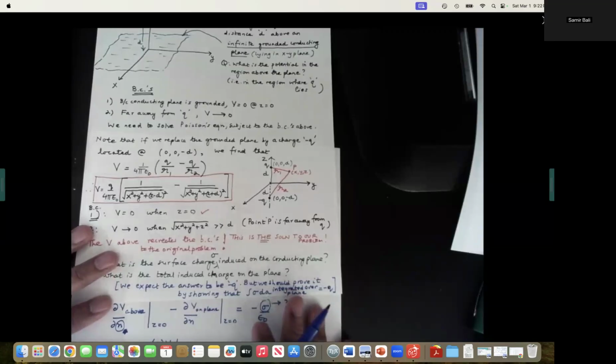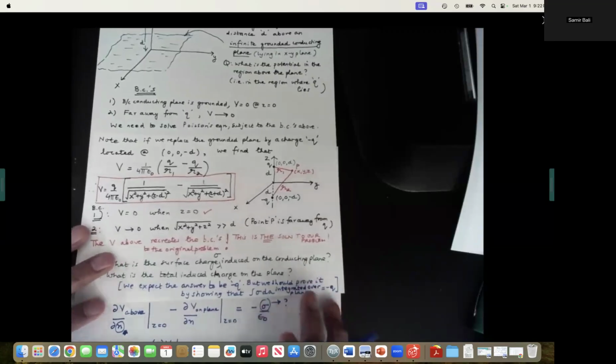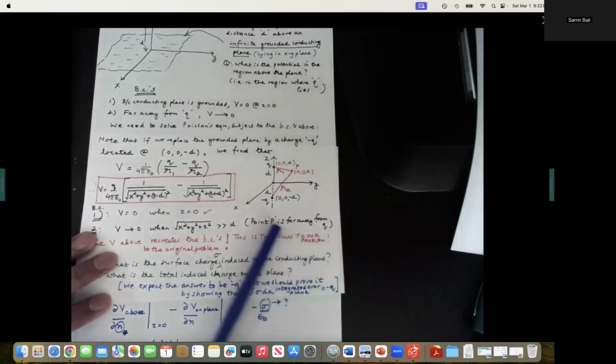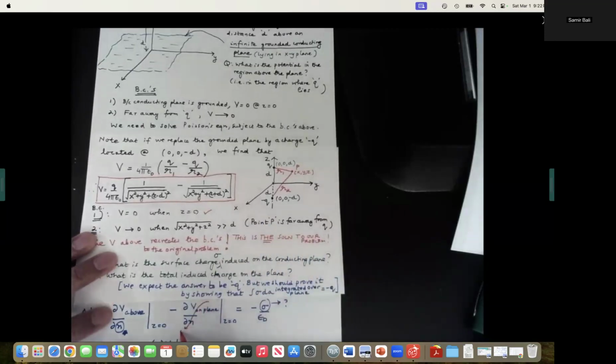And the potential on the plane itself, it's a conducting plane and it's grounded, right? So this is just V equals 0 on the conducting plane everywhere.